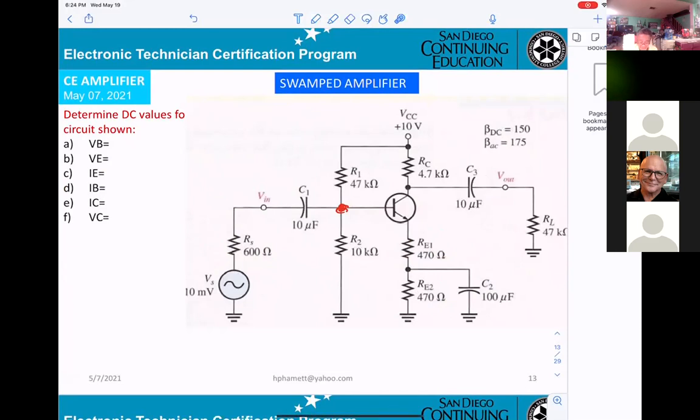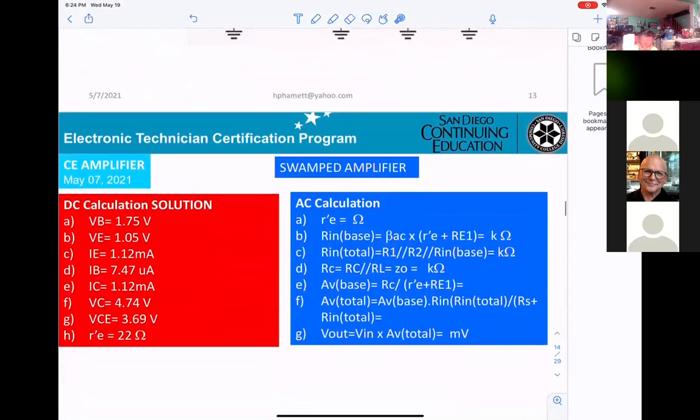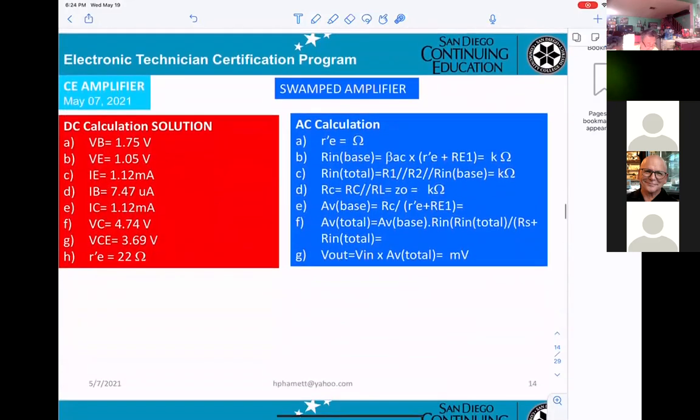So the complete calculation here, I already calculated for you for VB, VE, IE, IB, IC, VC, VCE, R prime E. Okay, on the AC calculation, that will be telling you R in base will be equal to beta times R prime E plus RE1.